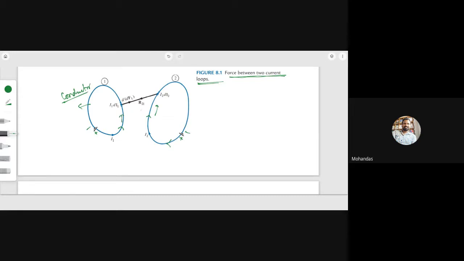Now listen carefully here. If the current is flowing in this fashion through this conductor, loop means this is a conductor, current is flowing, then around this conductor what do you have?